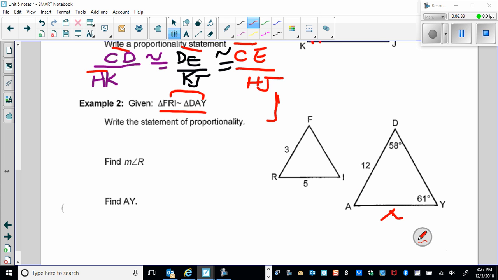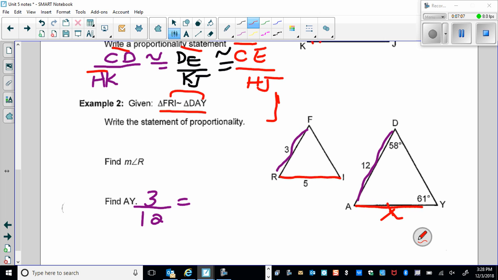So we have to do the ratio. What I can do is this, which will help you set it up. Here, FR is 3, and DA are going to be my ratio. So I can do 3 over 12 equals, then the other side is going to be 5, RI, over AY, right?